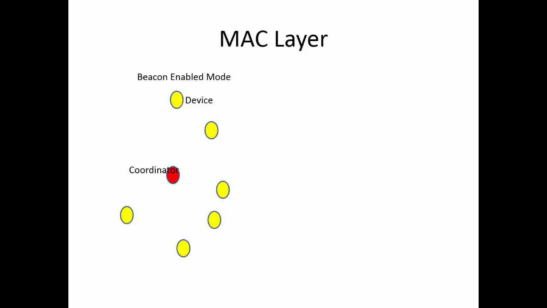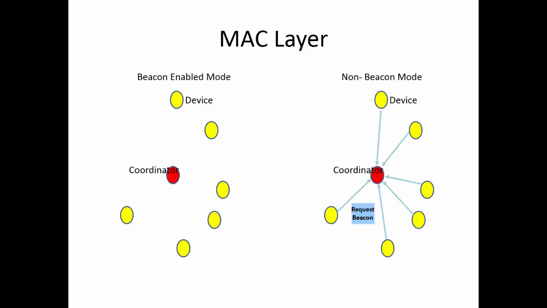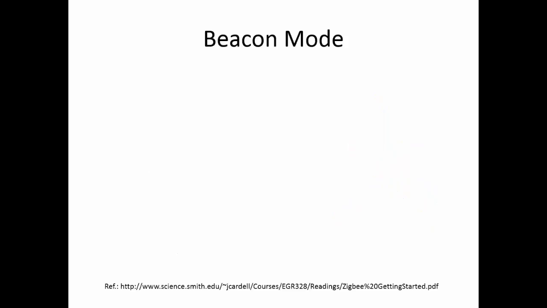In beacon enabled mode, beacons are sent at regular intervals to the devices by the coordinator. Whereas in case of non beacon mode, the devices request for the beacons, following which the beacons are sent. Now let us see how data transfer happens in case of beacon enabled mode.